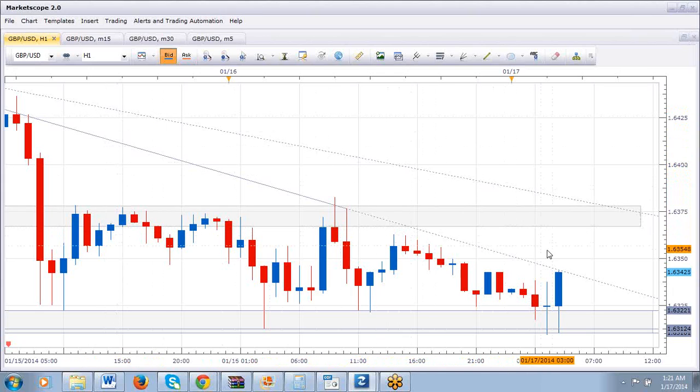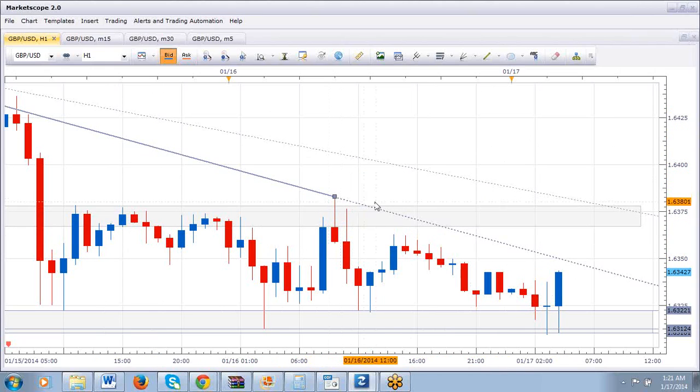Now, here, a very important aspect in trading. Let me actually move that here. Trend lines are important because they're like your guidelines, like a railway line.